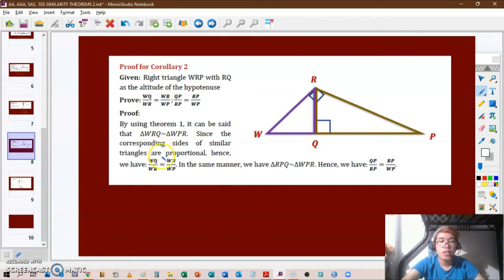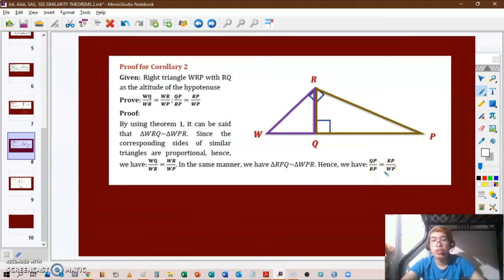Since the corresponding sides of similar triangles are proportional, it can be said that WQ all over WR is equal to WR all over WP. In the same manner, triangle RPQ is similar to triangle WPR, and hence we have QP all over RP is equal to RP all over WP.